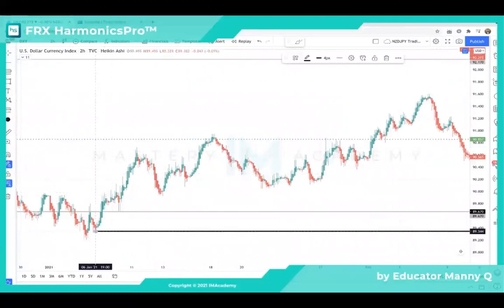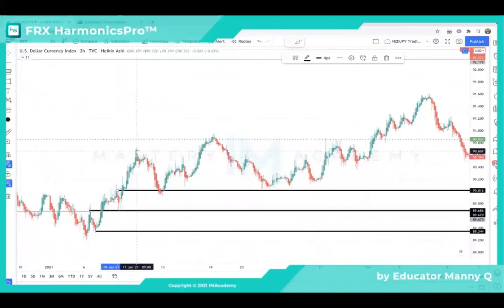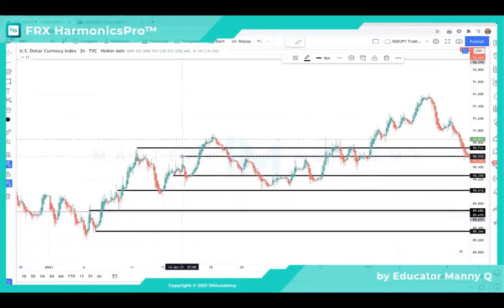They'll look at these previous points of lows and highs, market making these highs and market making these lows. These high and low points will start to become the new areas of support and resistance inside of the market.